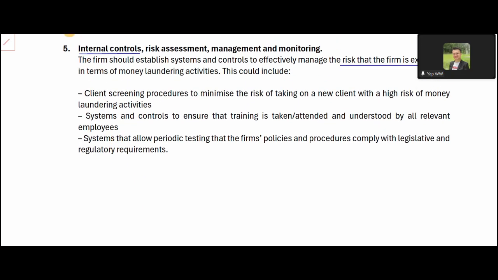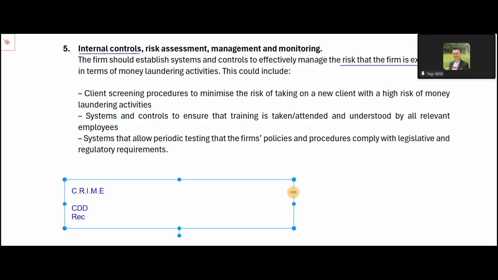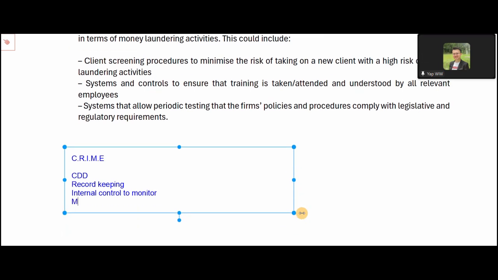Okay. So in terms of a summary, I would like to give you a mnemonic: CRIME. CRIME stands for CDD, record keeping, internal control to monitor the firm policies, appointment of MLRO, and lastly, to educate.